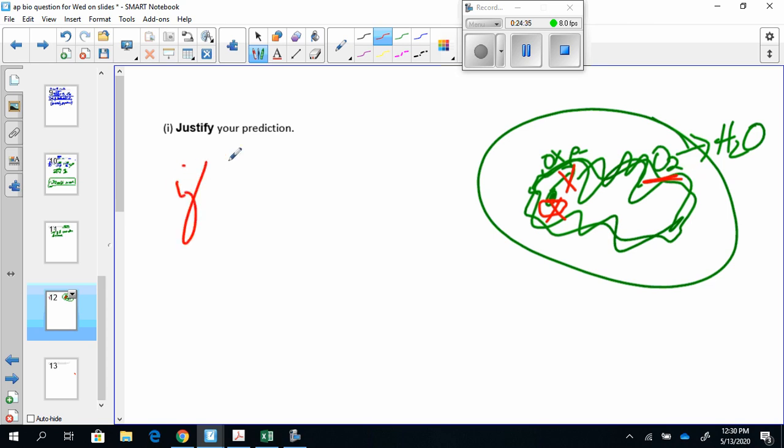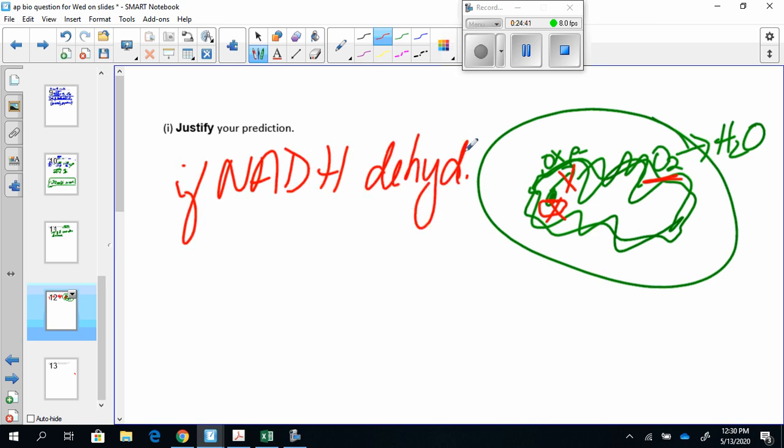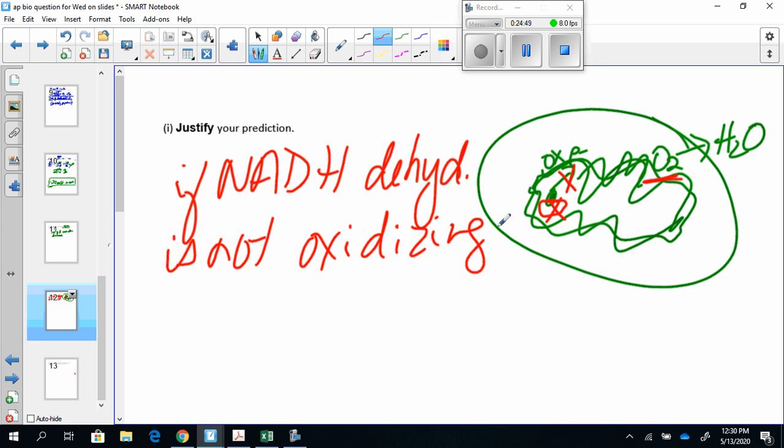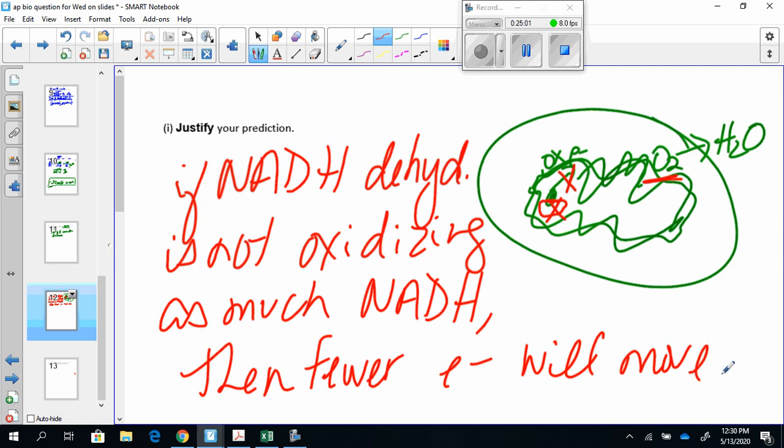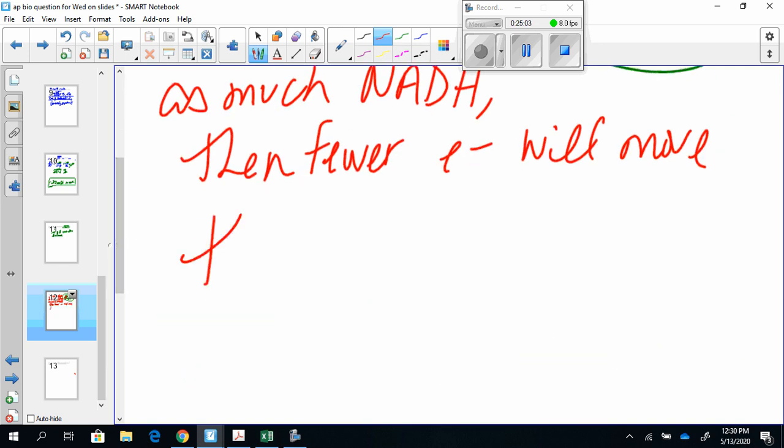So if the NADH dehydrogenase, I'd obviously write out that entire word, but I'm just going to abbreviate it right now, is not oxidizing as much NADH, then fewer electrons will move through the electron transport chain.